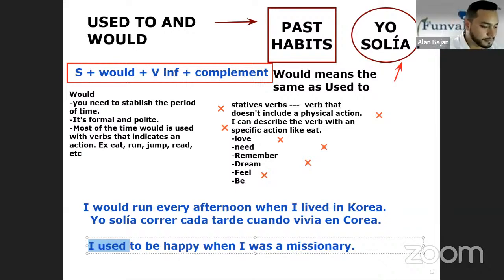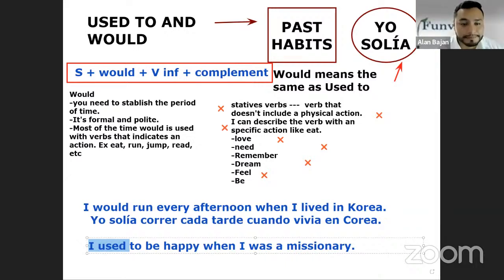Marlon? Teacher, I have a question about the would, because I think would is add all the words for the action for ends for the word here. So this is another use for the would. Yes, this is another usage or use of the would. This is would plus infinitive. Okay, so when I speak or write infinitive, the would change for solía.